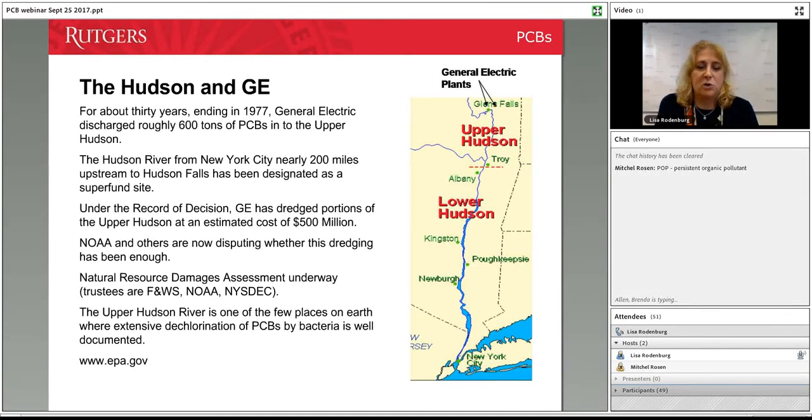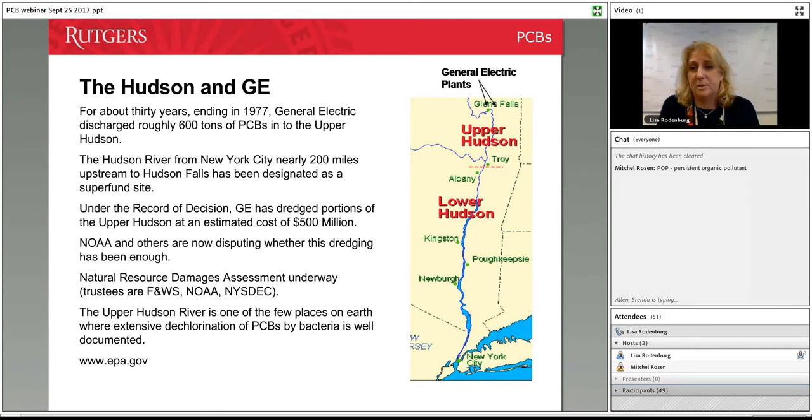There's also a natural resource damage assessment underway where the trustees, which are the Fish and Wildlife Service, NOAA, and the New York State Department of Environmental Conservation, are trying to recover damages from General Electric to pay for the restoration of some of the natural resources in the Hudson River. And as I mentioned before, the Upper Hudson River is one of the few places on Earth where we know that bacteria were really going after PCBs and trying to destroy them.